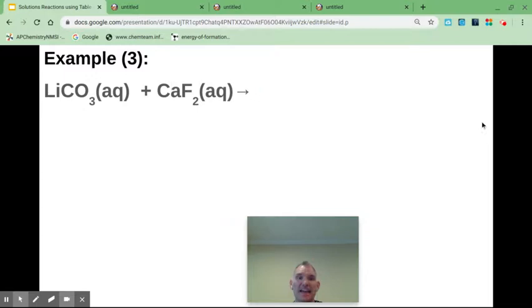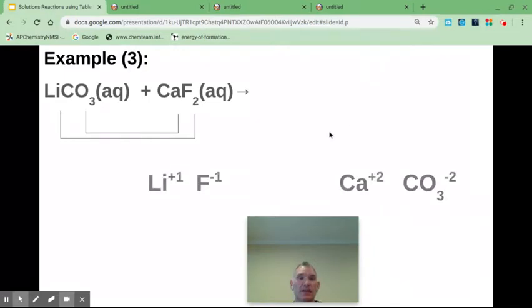The last example I want to look at is lithium carbonate and calcium fluoride, LiCO3 and CaF2. So process, double replacement: I need to know what's going to go with what, plus minus. Li goes with F, Ca goes with CO3. Now I look up my charges. Li, F, and Ca are all on the periodic table.